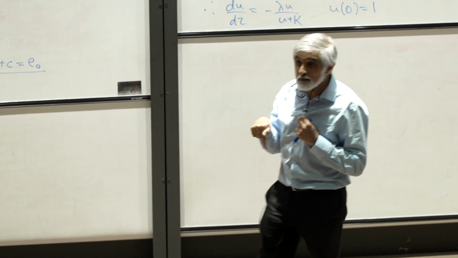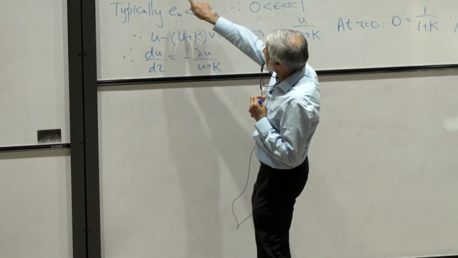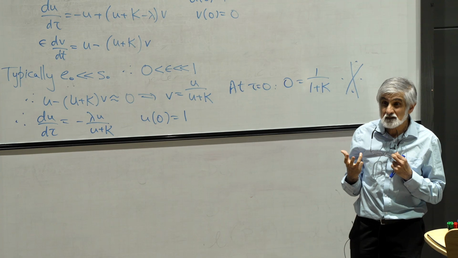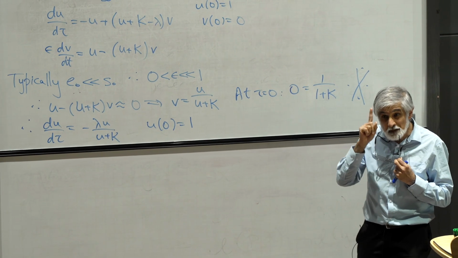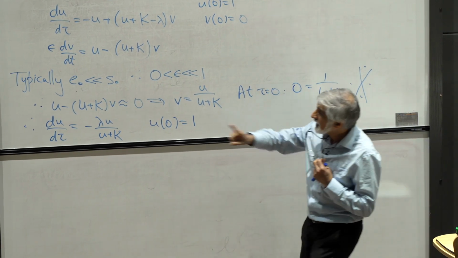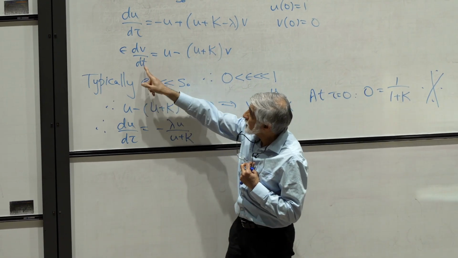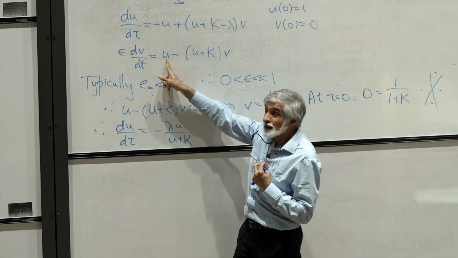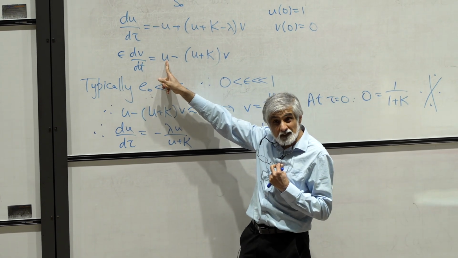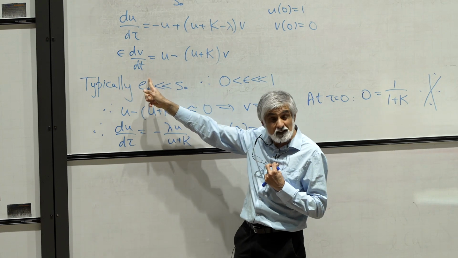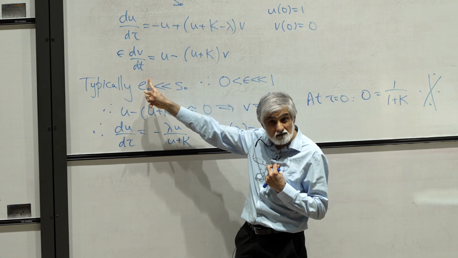I'm implicitly making the assumption that dv by dt is of order 1. But to begin with, u is 1, v is 0, so dv by dt is 1 over epsilon. If epsilon is 10 to the minus 6, dv by dt is 10 to the 6.